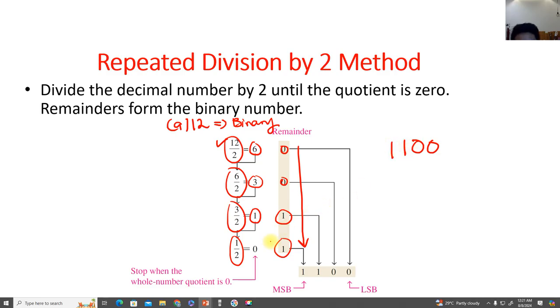Or you can rewrite it from the MSB to the LSB as 1, 1, 0, 0. So that's how you're going to get the conversion from decimal to binary, by repeatedly dividing by 2. The remainder becomes the value of either 1 or 0. You stop when the whole number quotient is 0.